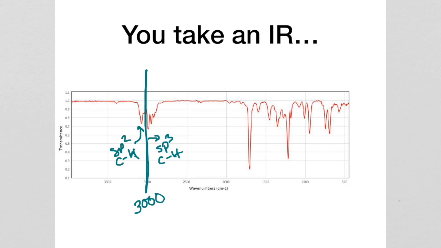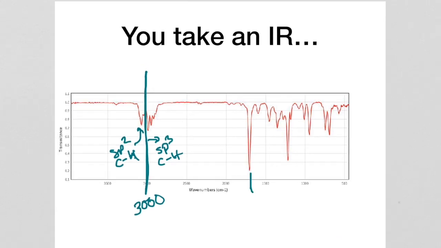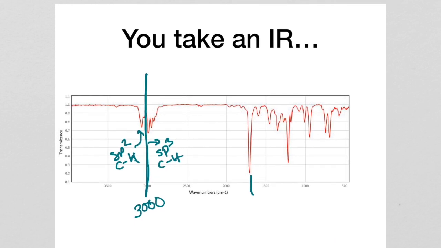I've got a very strong peak right here, and fortunately in your IRs, you will be able to do peak picking. This peak is at about, I don't know, 1680, 1700. Peaks at about 1700 indicate carbon-oxygen double bonds, which is cool because we had a good idea we had a carbon-oxygen double bond based on the solubility test.